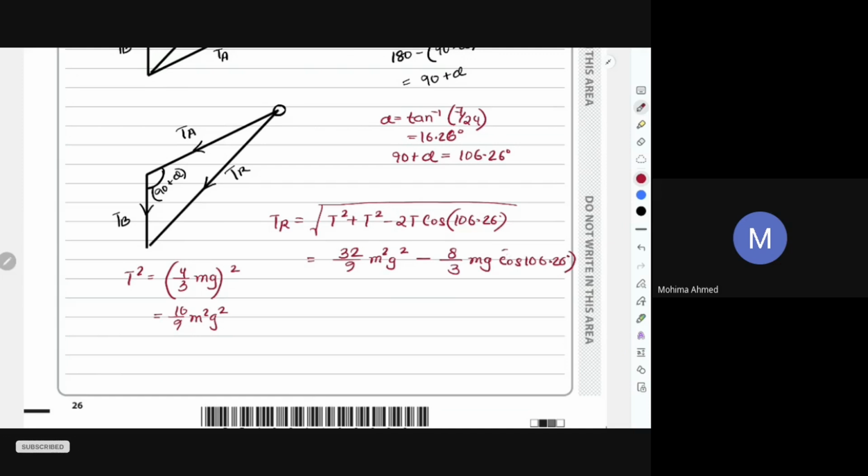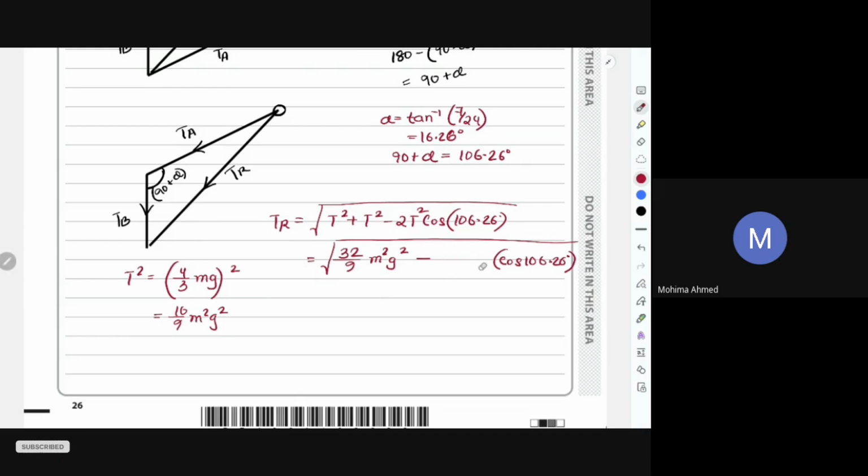106.26, everything under the square root, right? So this is an expression that you can get in terms of m squared g square actually. Wait, so this is also going to be 2t square, right? Because this is 2ab. Sorry, made a mistake. So this was also going to be 16 by 9 into 2, right?